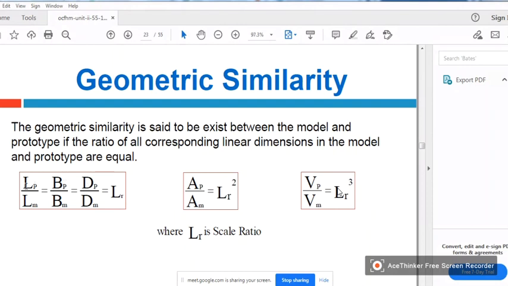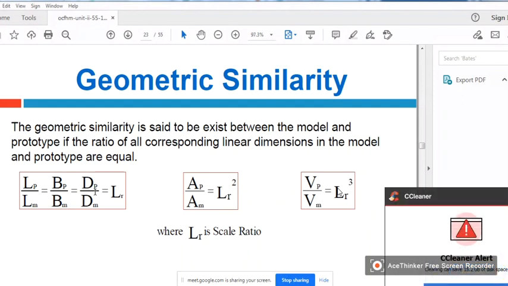Otherwise, if LP by LM is not equal to BP by BM and so on, then it is not called geometric similarity. When this LR is equal, say this ratio is 100, then the breadth ratio is also 100, and the depth ratio is also 100. So we proportionally decrease the dimensions of the prototype.